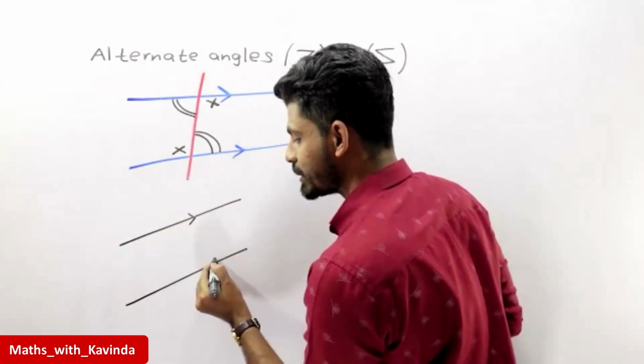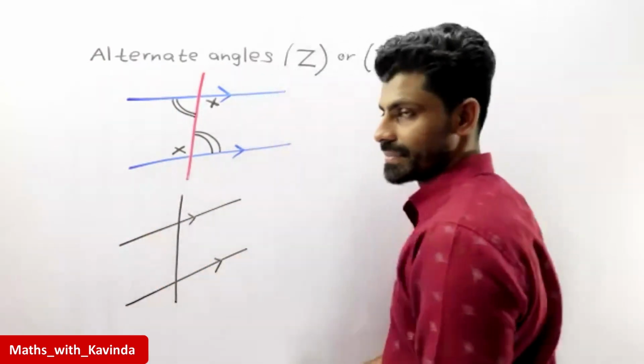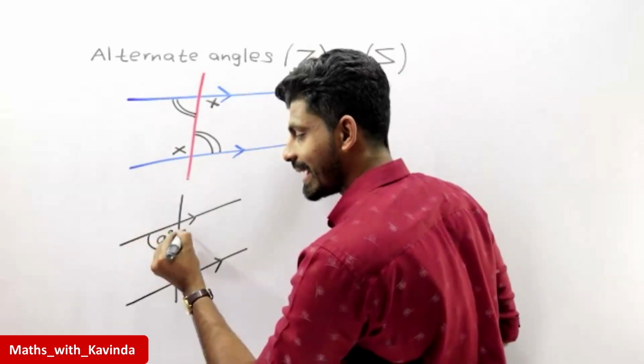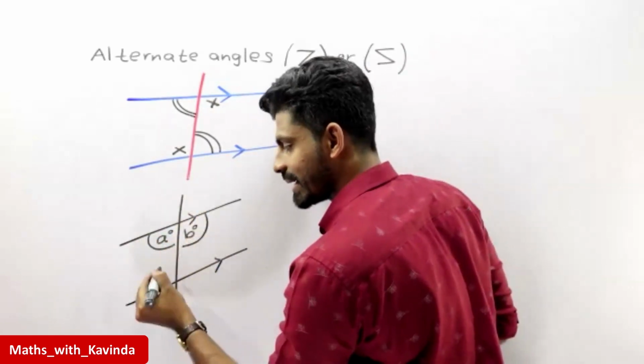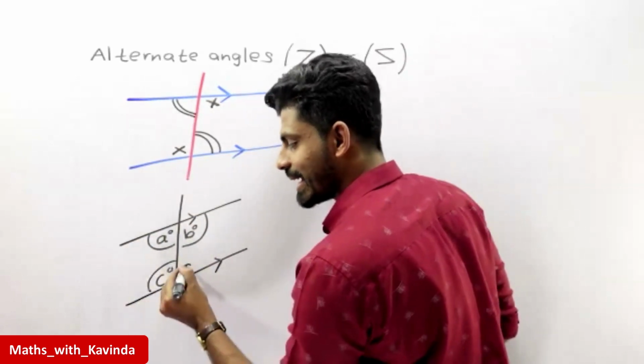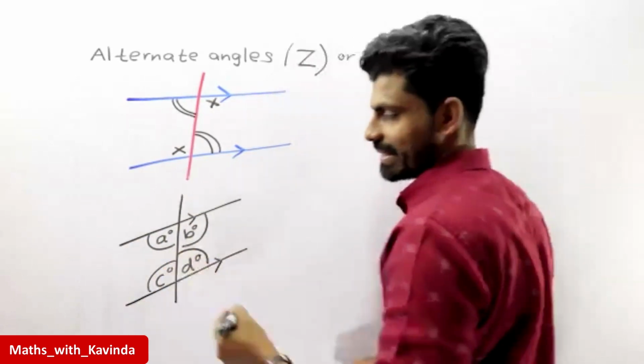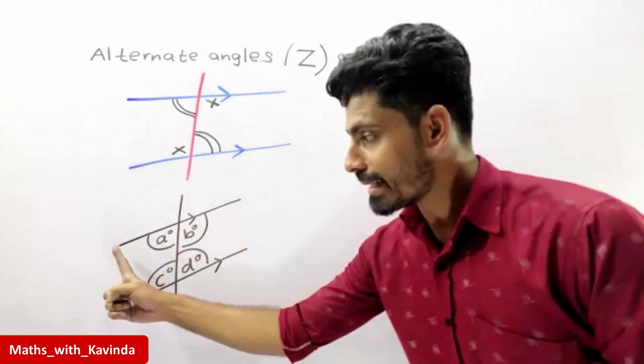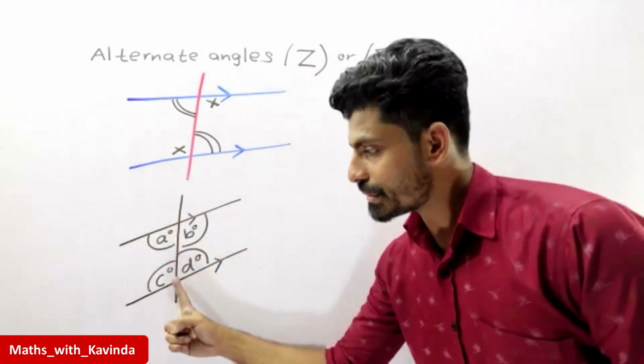Let's quickly take an idea. Just consider those parallel lines. I'm taking A, B, C, D. Look at the Z angles, 1, 2, 3.